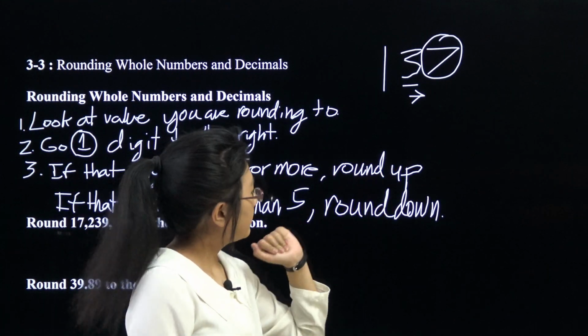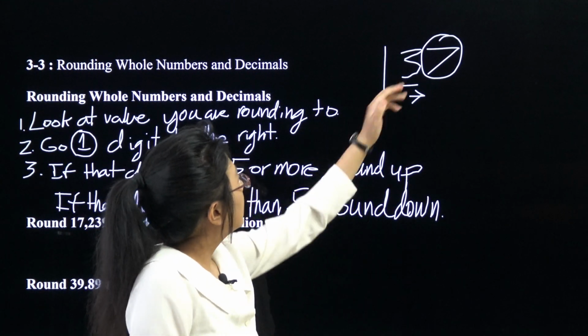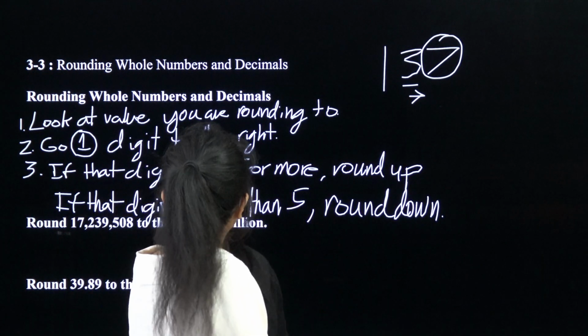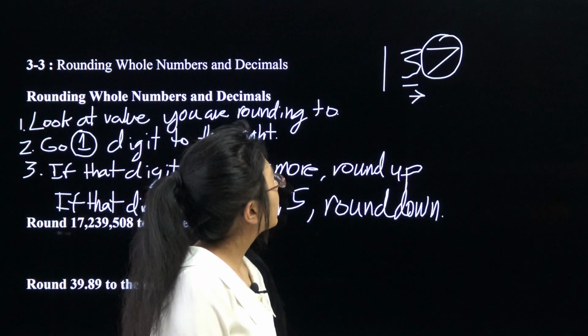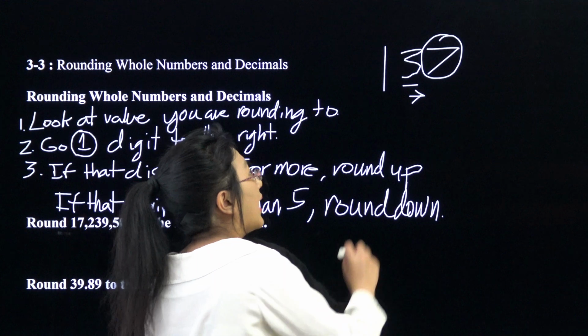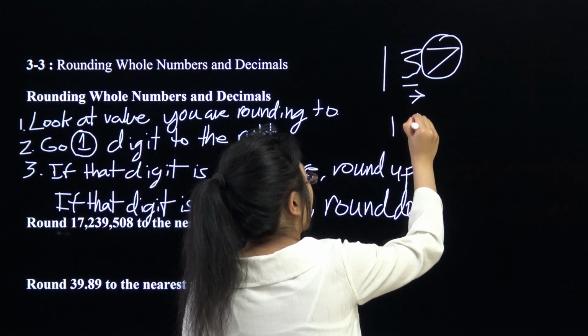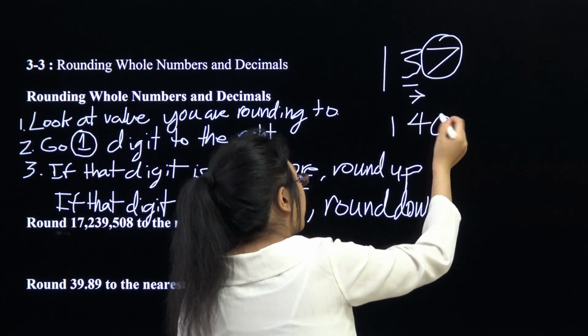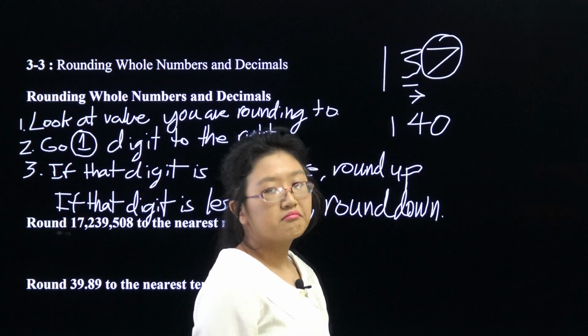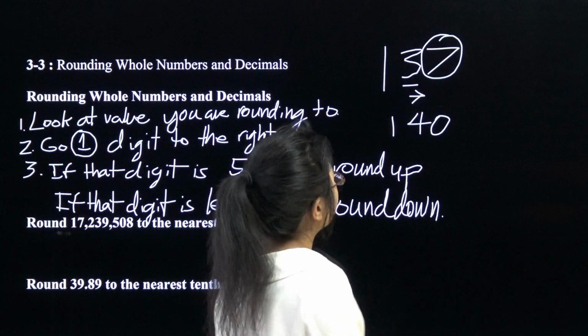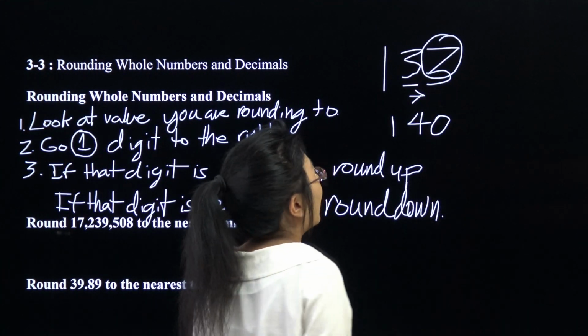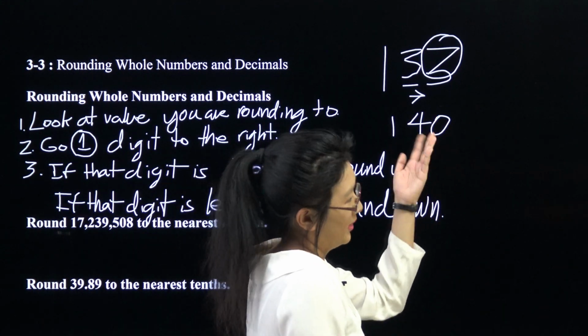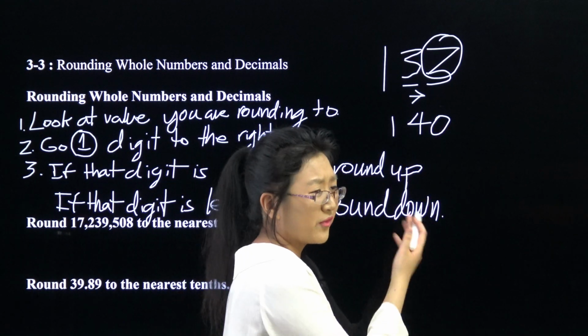So, here's the thing. It's a 7, which is more than 5. So you round up, and you get 140. But if it was, well, less than 5, let's say 3. I know this looks like a very awkward 3, but it was transformed from a 7, okay?